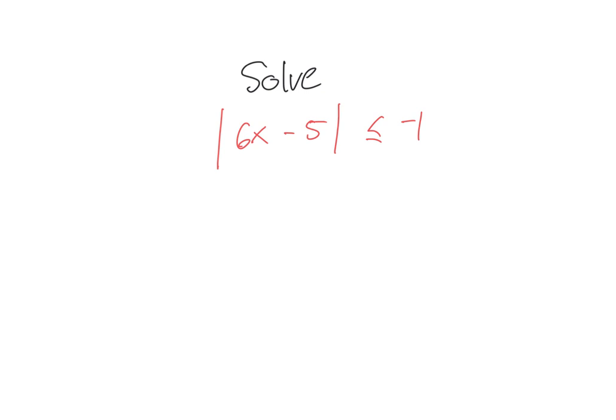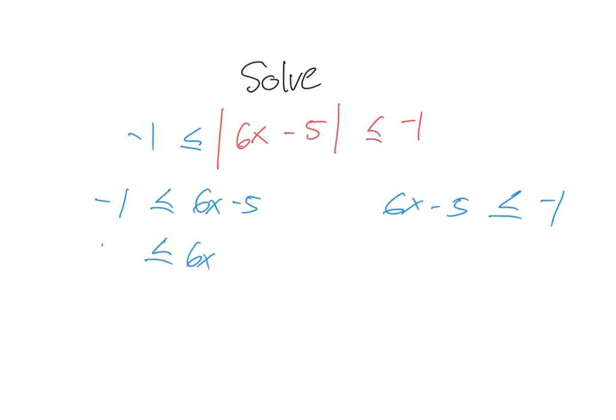Try it the other way around, same idea. Negative 1 less than or equal to 6x minus 5, and 6x minus 5 less than or equal to negative 1. 6x greater than or equal to 4, x greater than or equal to 2/3. Over here, add 5, 6x less than or equal to 4. Did I do something wrong?